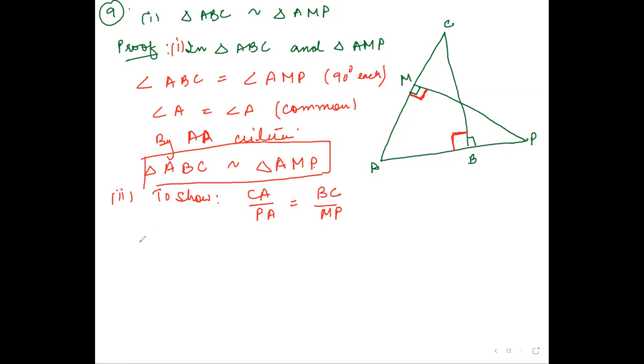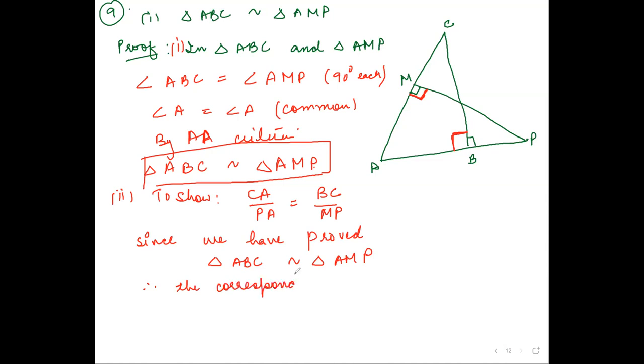Since we have proved that triangle ABC is similar to triangle AMP, therefore the corresponding sides are in proportion.